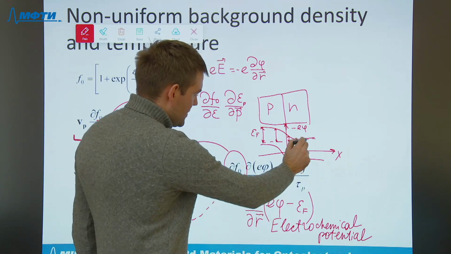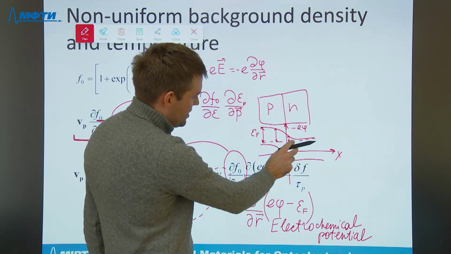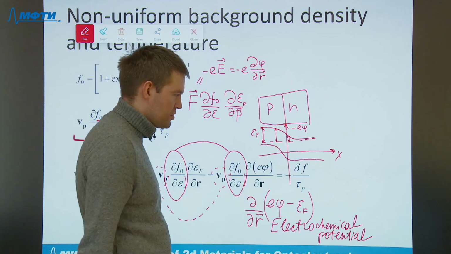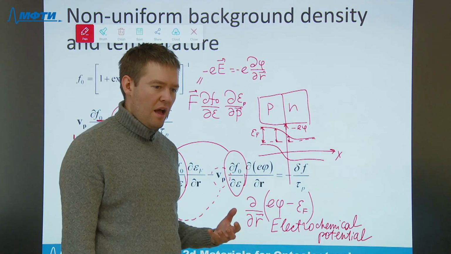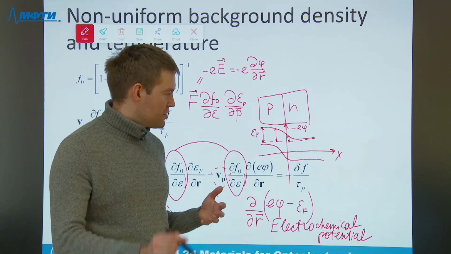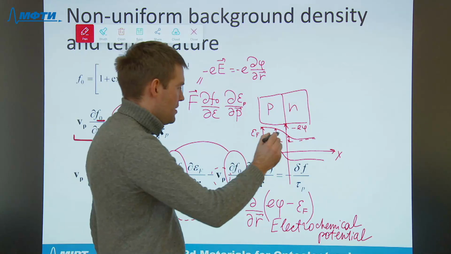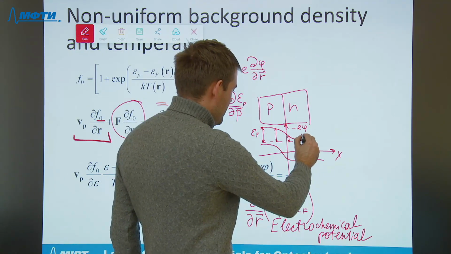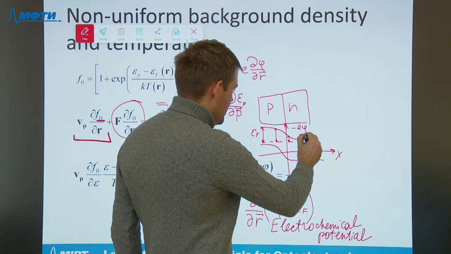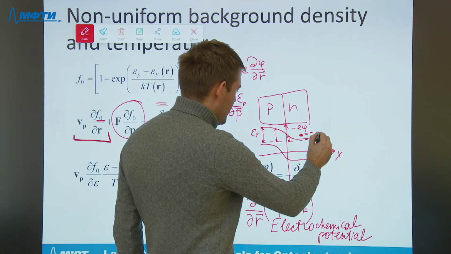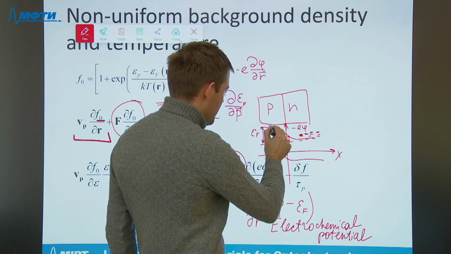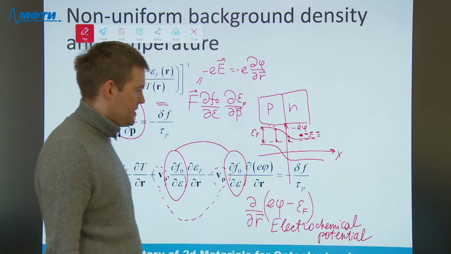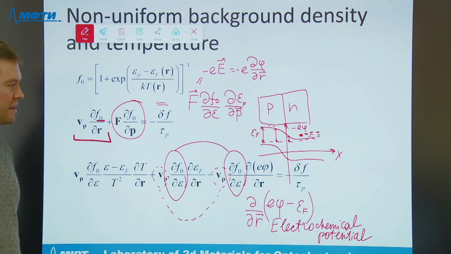So here, when the conduction band is very close to the Fermi level, the Fermi energy is high, and the density of electrons is strong. So this area is highly enriched with electrons. There are many electrons here, and this area is depleted. There is a very limited number of electrons.